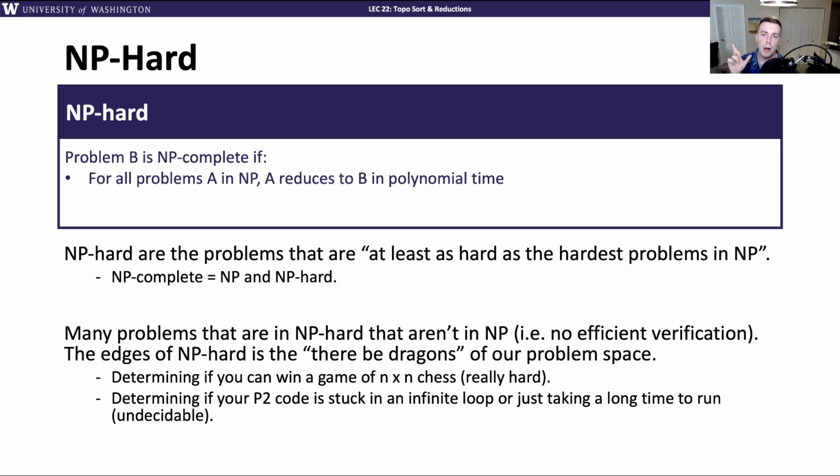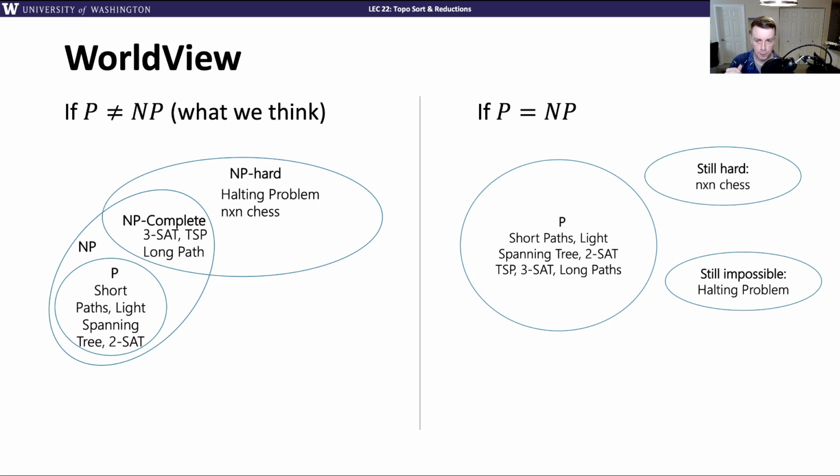Now, the reason I wanted to bring up this other set, NP-hard, is because whenever you look at these pictures of what this complexity world looks like, they usually include it. So if we're in this worldview where P is not equal to NP, then we have our favorite set P over here, all these efficiently solved problems. And then outside of it, we have NP, all the problems that we can verify efficiently.